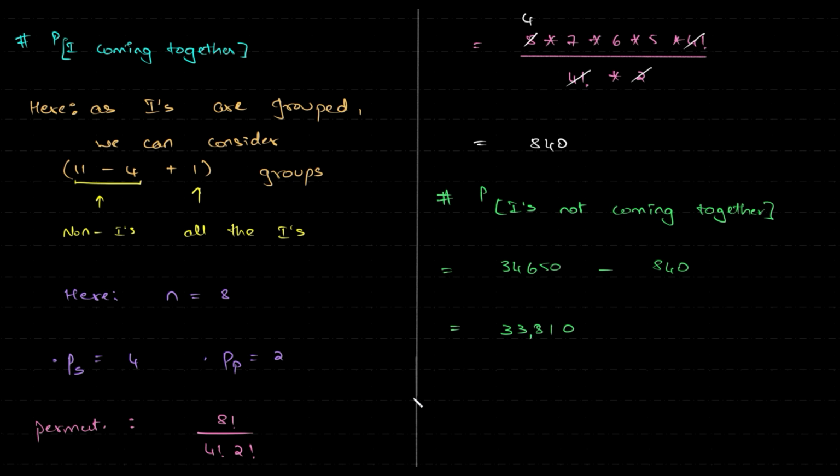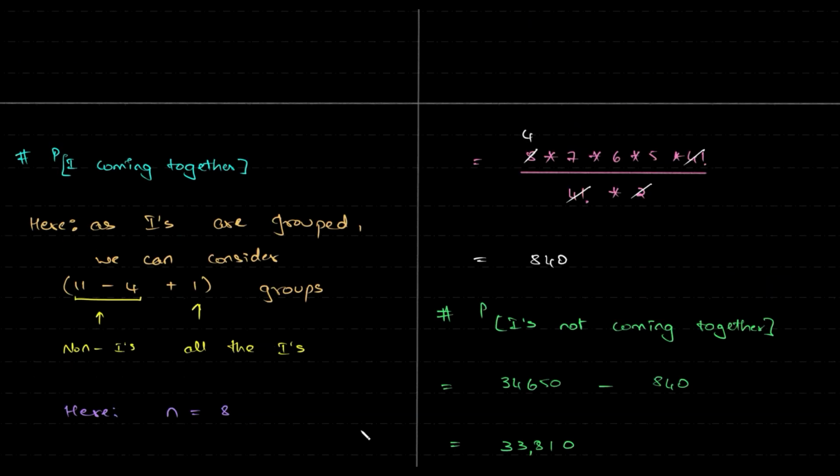Okay, so that would be our answer. So there are 33810 possible words for the given condition. So that's your answer.